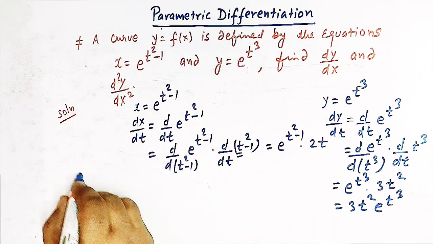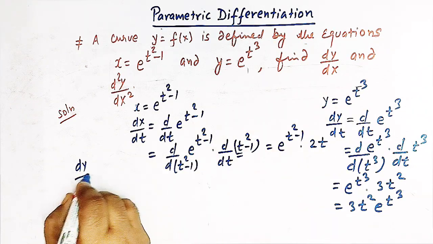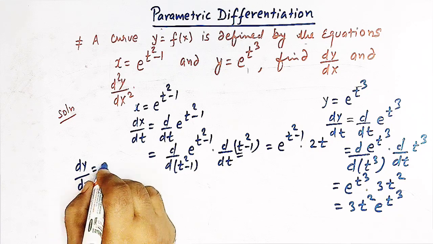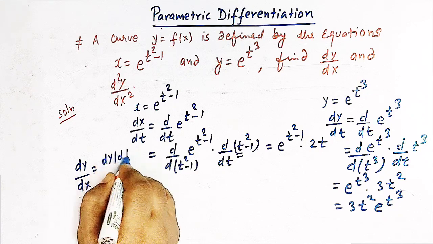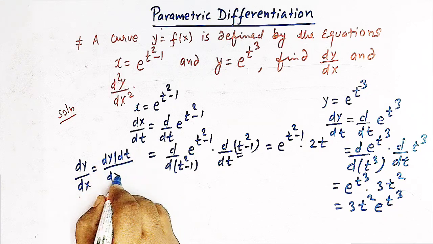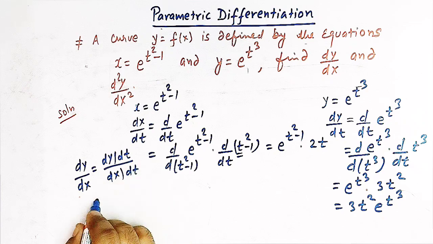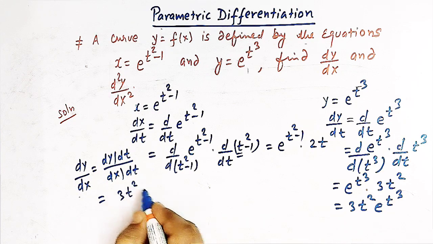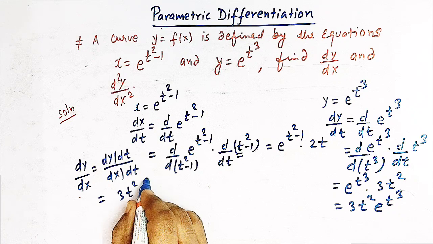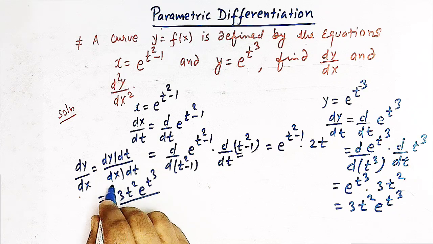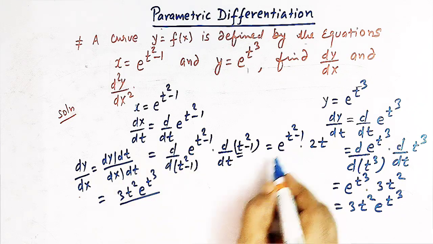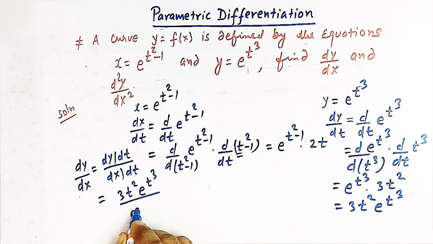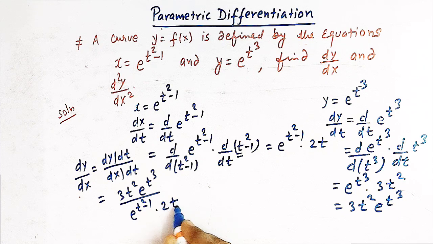Okay. So now the derivative dy over dx is given by dy over dt divided by dx over dt. So dy over dt is 3t square e raised to t cube, and dx over dt is given by e raised to t square minus 1 times 2t, right?